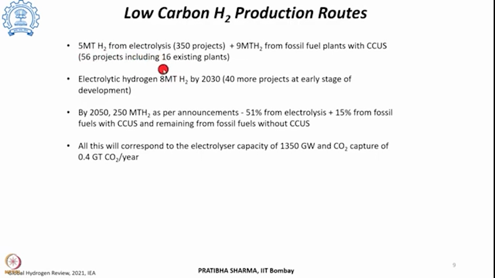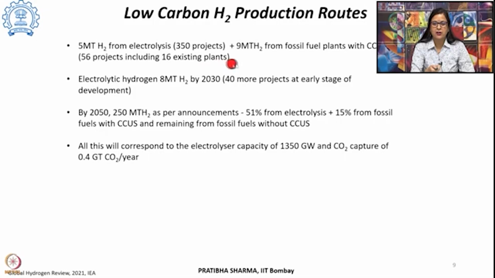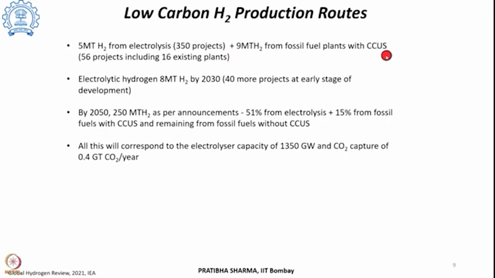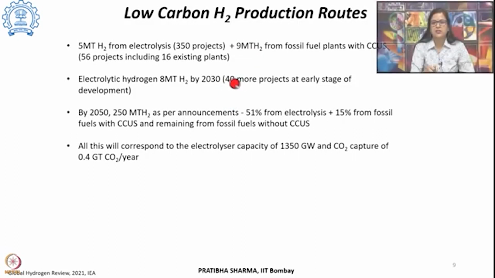There are currently 16 fossil fuel based plants with CCUS, and in total that will account for 56 such projects, where the production of hydrogen from fossil fuels integrated with CCUS will account for 9 million tons of hydrogen by 2030. Now, if we also include 40 more projects which are currently at an early stage of development globally, then the electrolytic hydrogen production capacity can increase from 5 million tons to 8 million tons by 2030.